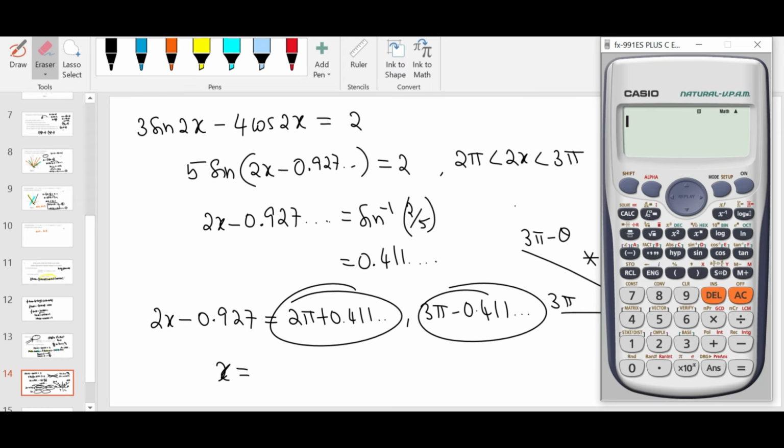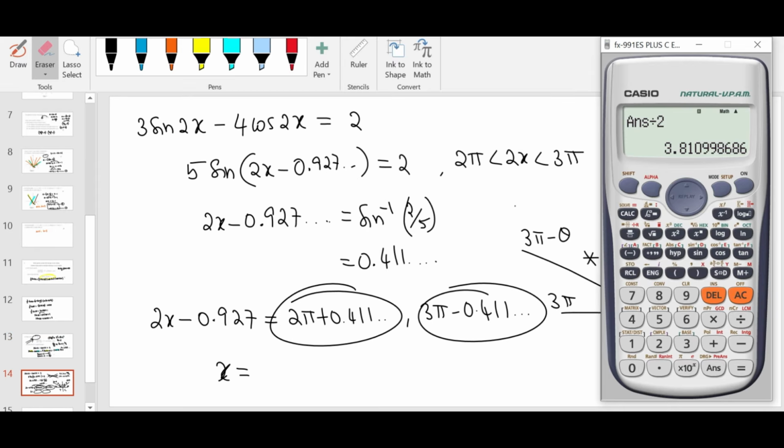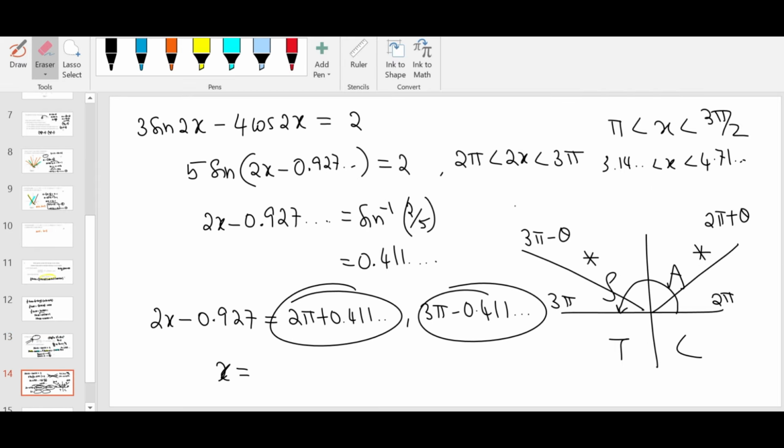So 2 pi plus the principal value, which I stored as b, plus 0.927, which I have stored as a already, divided by 2. They want the answer to 3 significant figures, so the answer is 3.81. Come on.